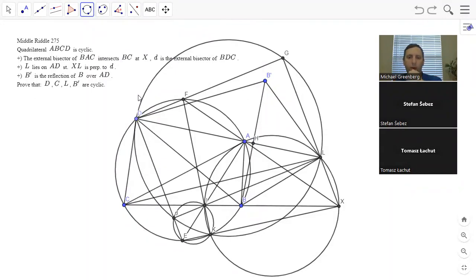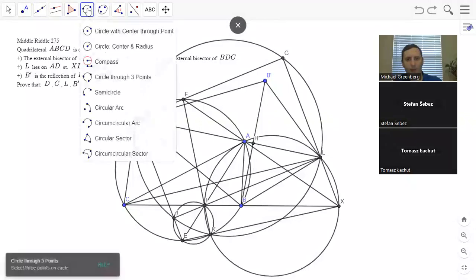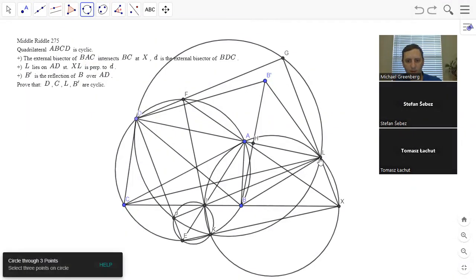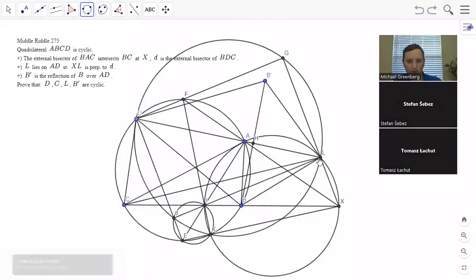Yeah, we need something else about L besides that it lies on the Apollonius circle. I like that fact. Can we combine it with something else? Is there like a cyclic quadrilateral with L?